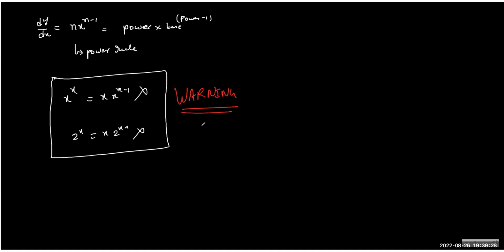When the base is variable and power is variable also, we cannot use it. When the base is constant and power is variable, again we cannot use it. When can we use this formula, tell me. Only when the base is variable and power is constant. Very good. So if you remember this simple thing, probably you won't make any mistake in using it.